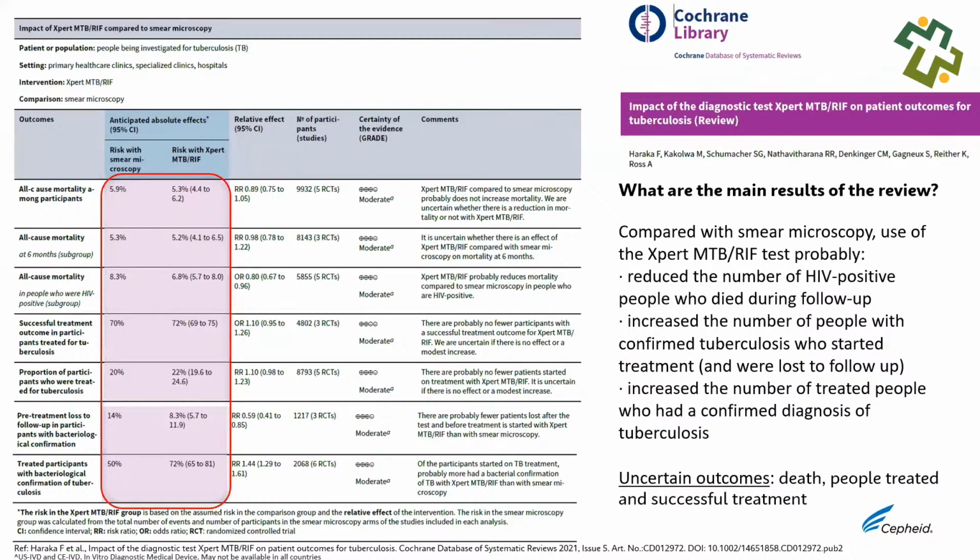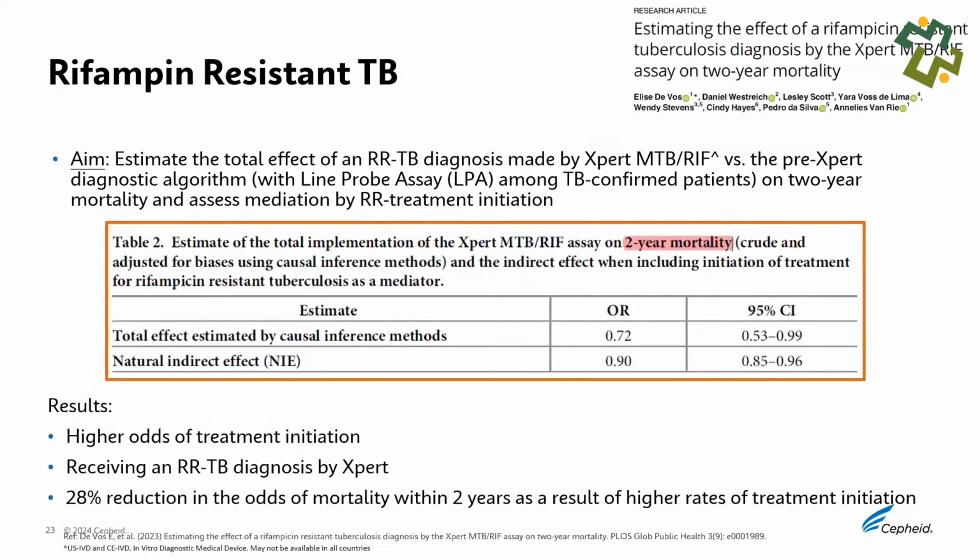This is a systematic review. They also looked into using the MTB/RIF Ultra. So it still talks to the superiority or the performance, the clinical impact as well of using MTB compared to other tests, and how it is superior. So this is rifampicin-resistant TB.